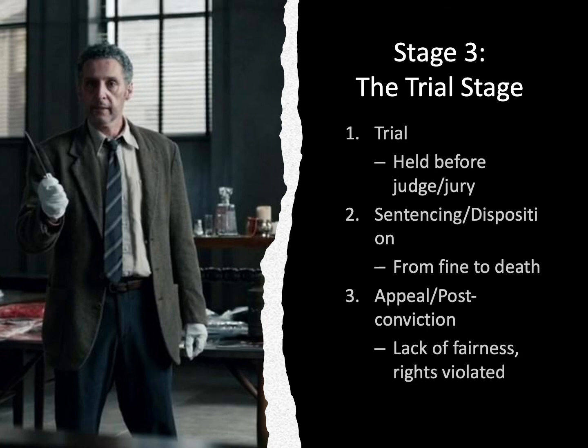In that appeal, you may make a case that your rights were violated, that evidence was admitted into court that shouldn't have been, that the jury instructions were off, that there was a lack of fairness, or that you didn't have proper counsel. Then a panel of justices will decide whether to affirm your conviction, or whether to say, yes, there were problems in this trial and you should be retried.